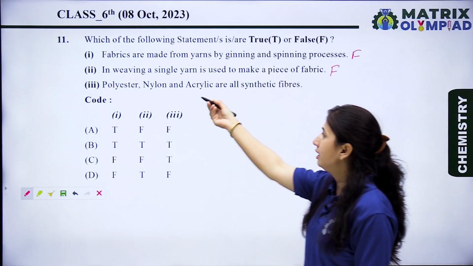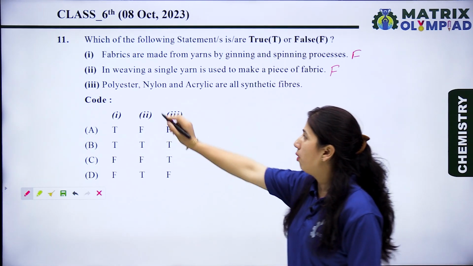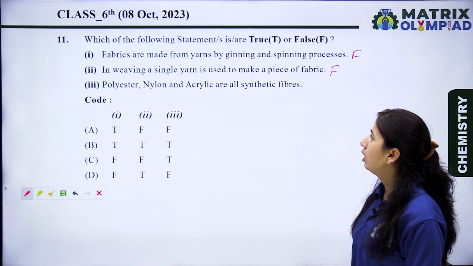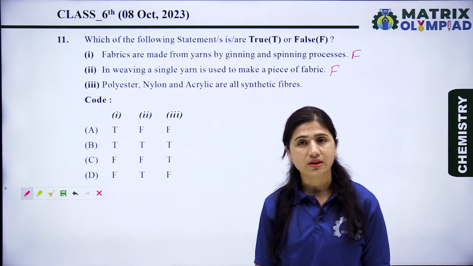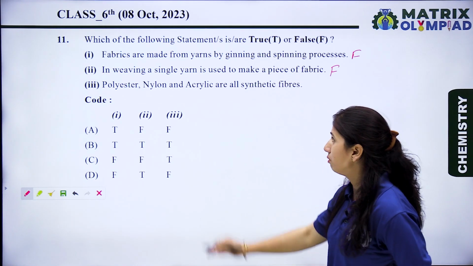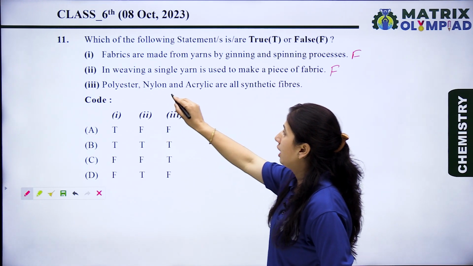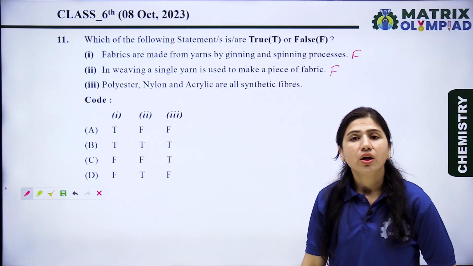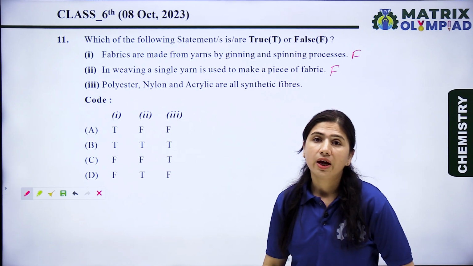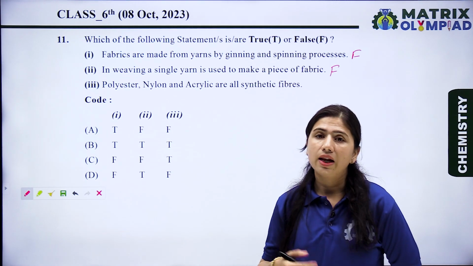Now let's see the third option. Polyester, nylon, and acrylic are all synthetic fibers. Yes, this is a true statement, because polyester, nylon, and acrylic, all three are man-made polymers, meaning they are synthesized in the labs.